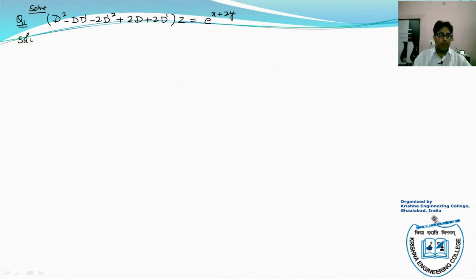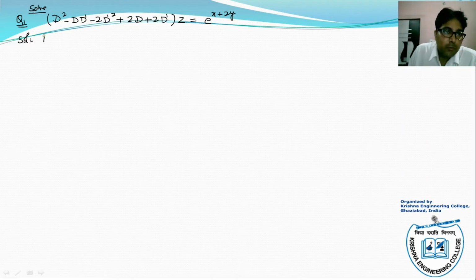Dear students, before solving this problem, we check whether this equation is homogeneous or non-homogeneous. Suppose it is homogeneous, there are other cases. Suppose it is non-homogeneous, then we check whether it is reducible to linear factors or not. Clear?